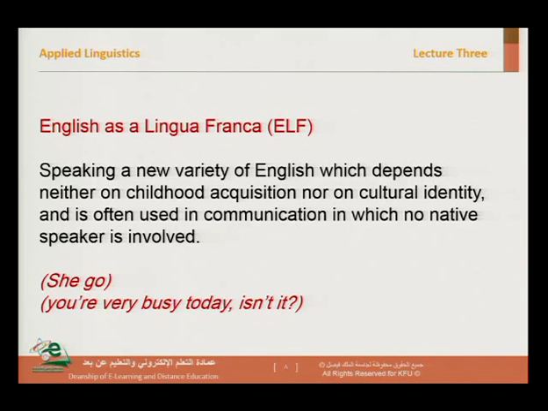We have got another issue which is related to the English language. It is English as a lingua franca, ELF.